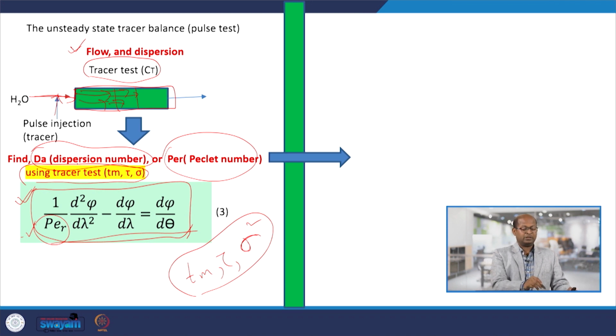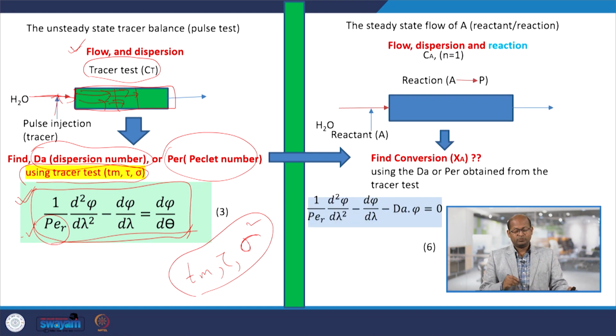Once we get the dispersion number or Peclet number from the tracer test, then we can apply it to our reacting systems. Here the tracer T would pass; there the reactant would pass. When the reactant passes through the reactor, the reaction takes place. Let us say this is a first order reaction. So, with flow dispersion, the reaction is there.